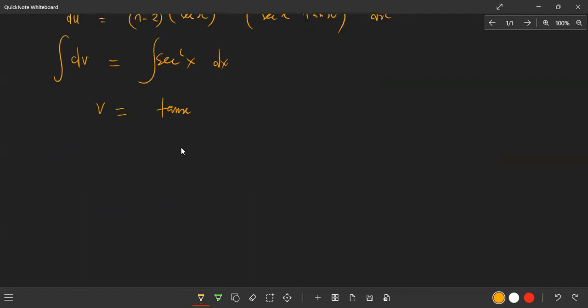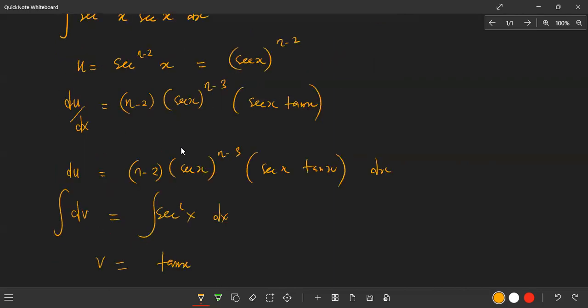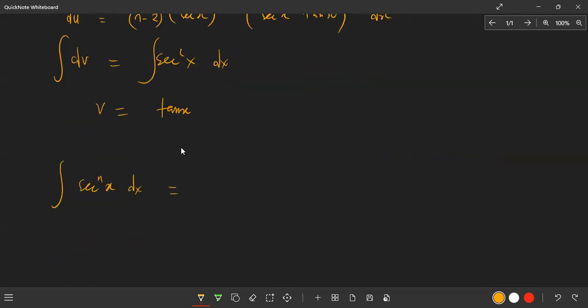Now we can just replace this in our integration by parts formula. So I have the integral of sec^n x dx equal to u times v. Our u, we said, is sec^(n-2) x, and times tan x, the product of those two will be tan x sec^(n-2) x, and then minus the integral of v du.